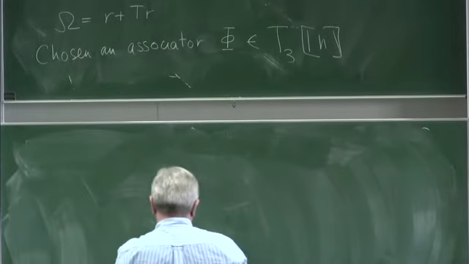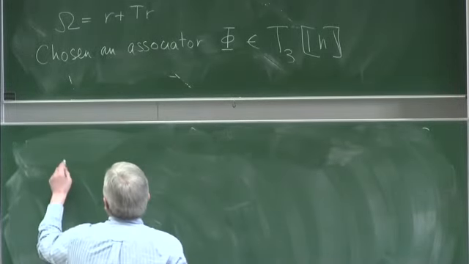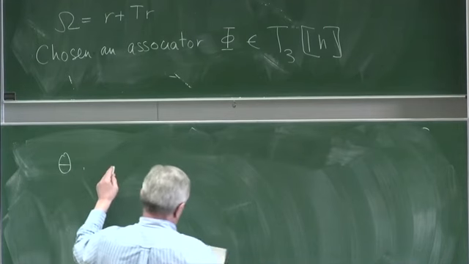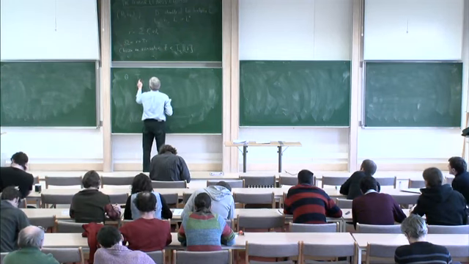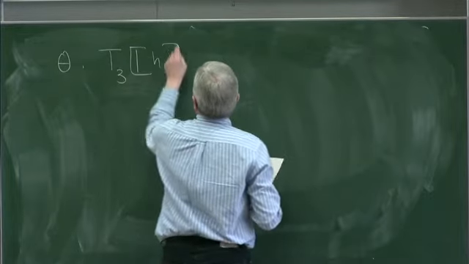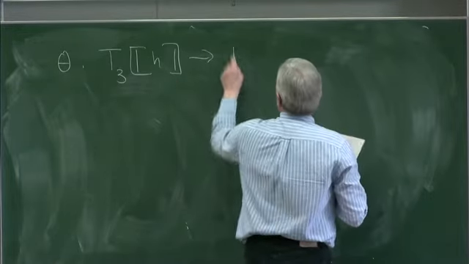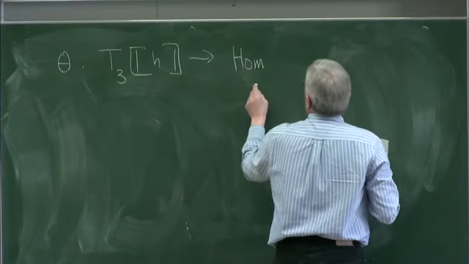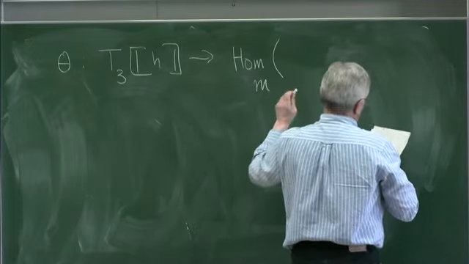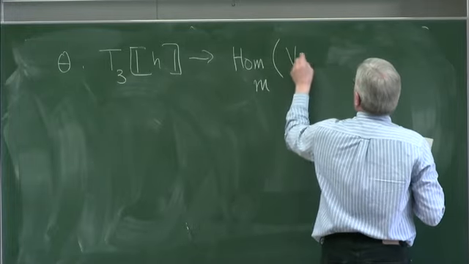And what omega allows us to do is to find a thing called theta, from T3 H into Hom in M of V1 tensor V2.